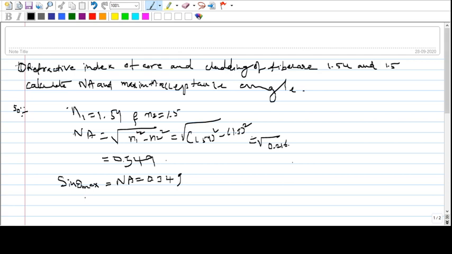We require only theta maximum, so theta maximum is equal to sine inverse of 0.349, that is equal to 20.43 degrees. This is the first problem.